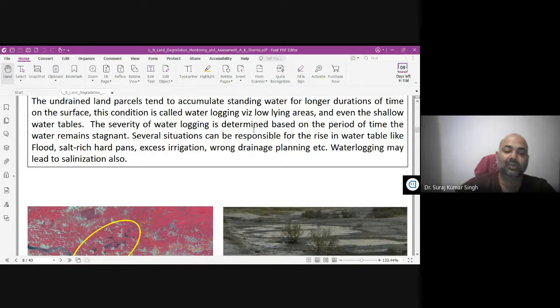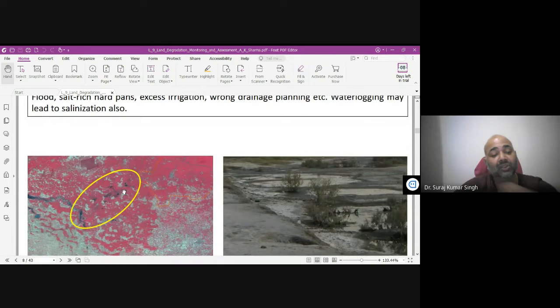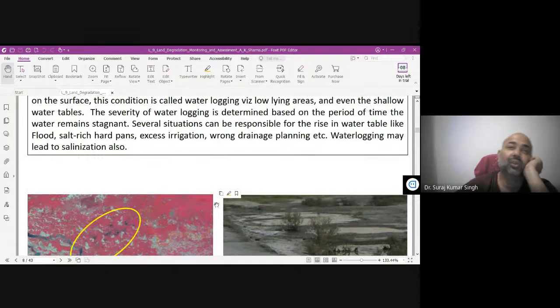So the area will be flooded, and thereafter some of the water will return back to its original position. Some will go to the atmosphere through evapotranspiration, but a large portion of the land parcel is still filled with water, and it will remain for a long time.